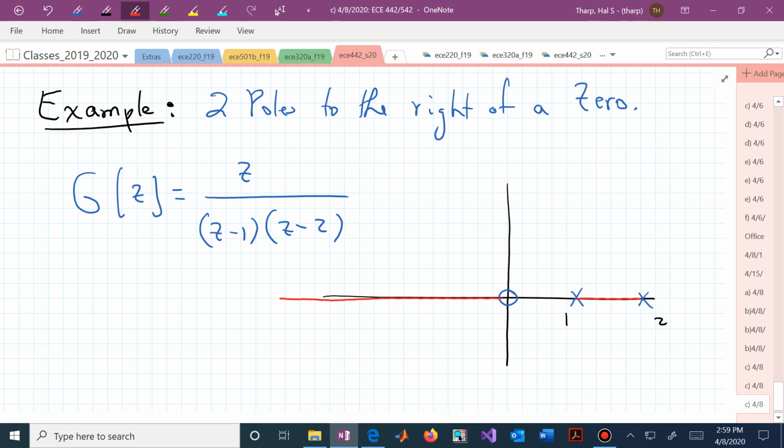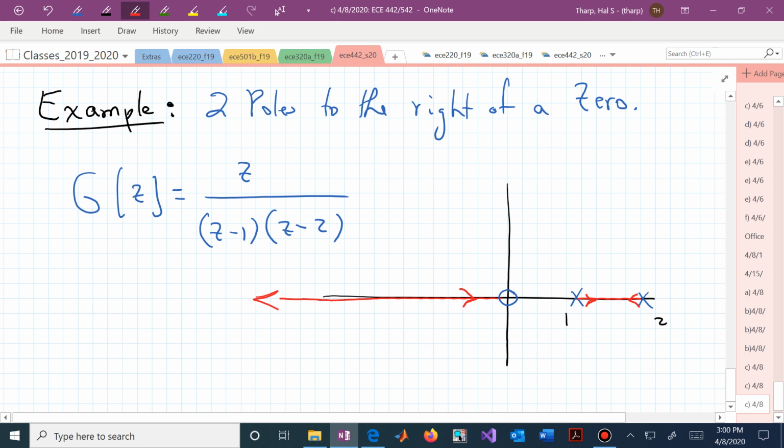How many branches do we have of our root locus? It's not those 2, it's actually the number of branches is equal to the number of poles. We have 2 poles, so we have a branch and another branch, and those 2 branches are going to collide. What we want to know is where do they break away, where do they leave the real line. We also have 2 branches over here on the left, although they're just shown by one line segment, but we have one branch that's going to terminate at the 0.